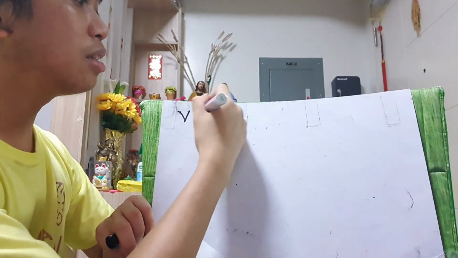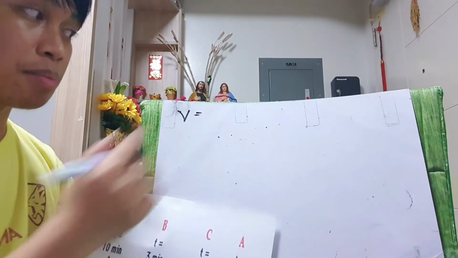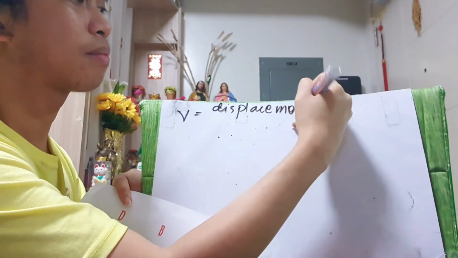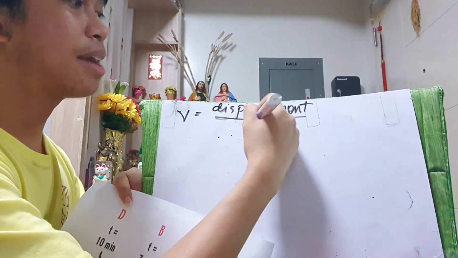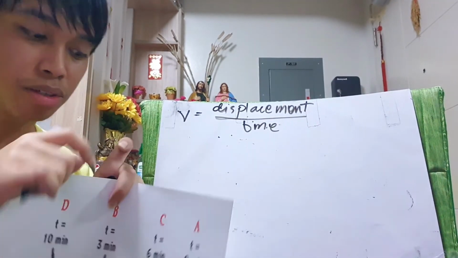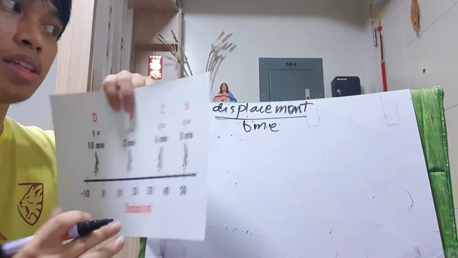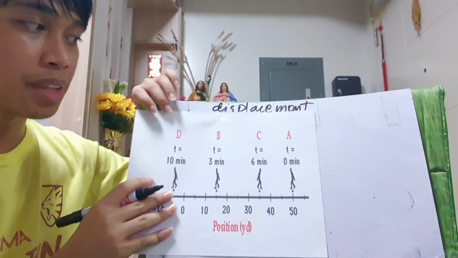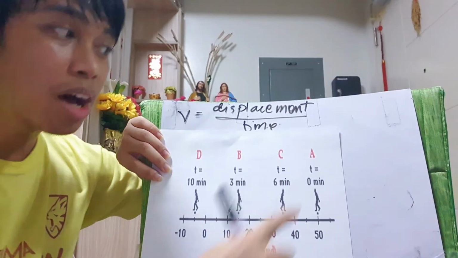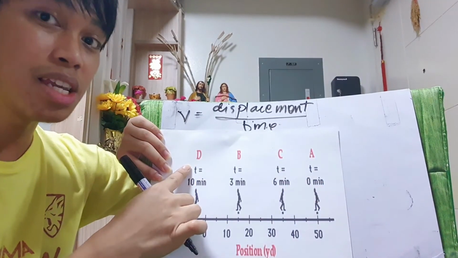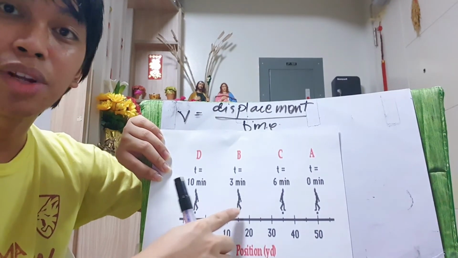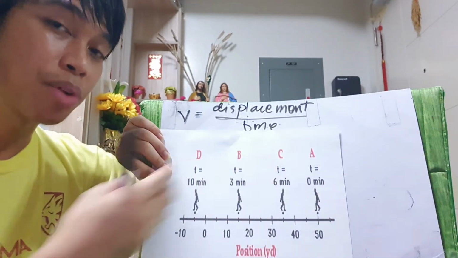So, velocity is displacement over time. This is our first solution. We must know the displacement of the man. In this case, the displacement of the man from point A to point D, we can count with the integral pointing system.